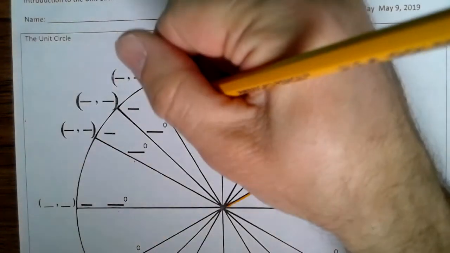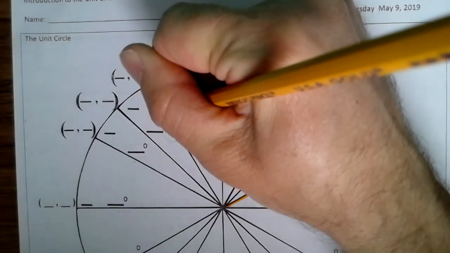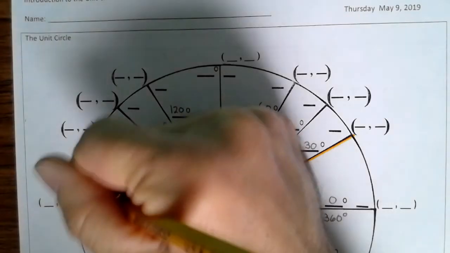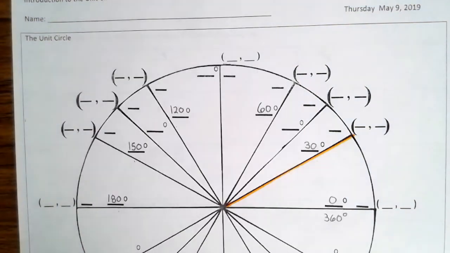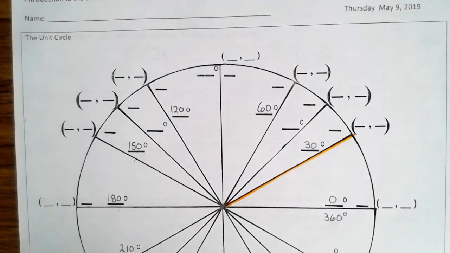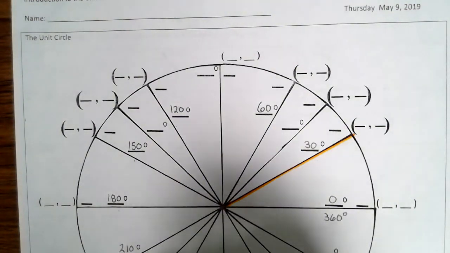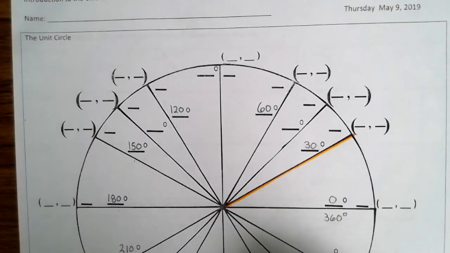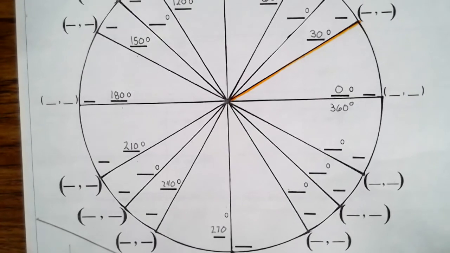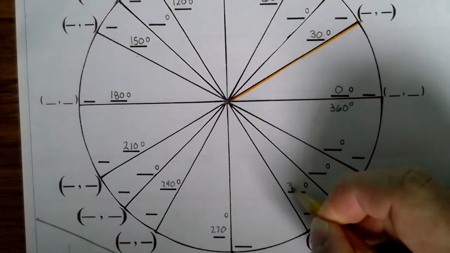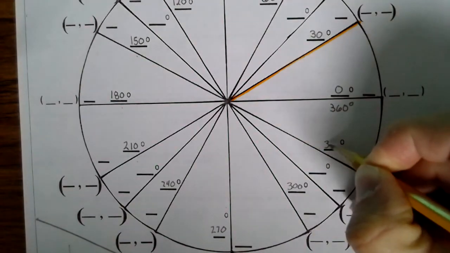This would be 120 degrees, 150 degrees, 180 degrees, 210 degrees, 240 degrees, 270 degrees, 300 degrees, and 330 degrees. Okay.